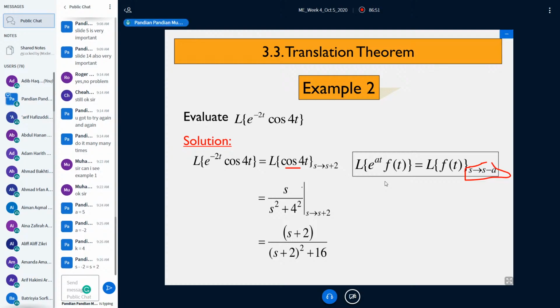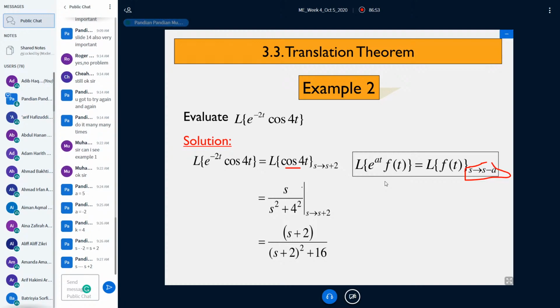You must change this whole thing to s plus 2. 4 squared you must write as 16. So the correct answer, Laplace of e^(2t) cos 4t, is s plus 2 divided by (s plus 2) squared plus 16.